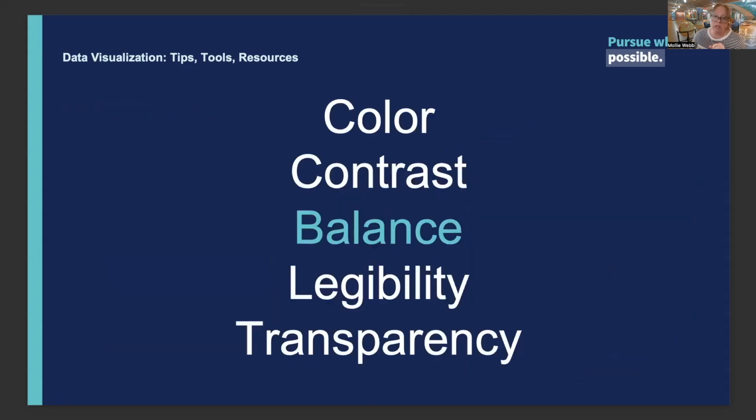All right, so the next principle we're going to look at is balance. When we're creating our visualizations, especially when we're grouping them together, we want to do our best to keep the presentation space in balance. This doesn't necessarily mean that the two sides mirror each other, but it means that the elements are distributed equally across the space.